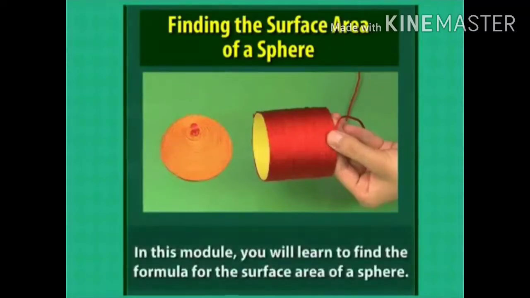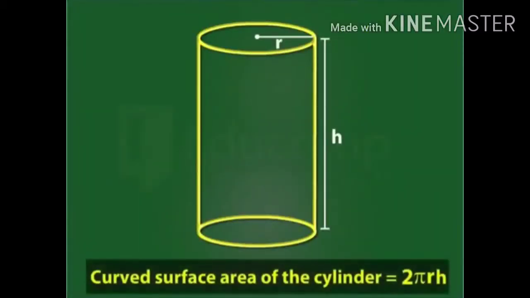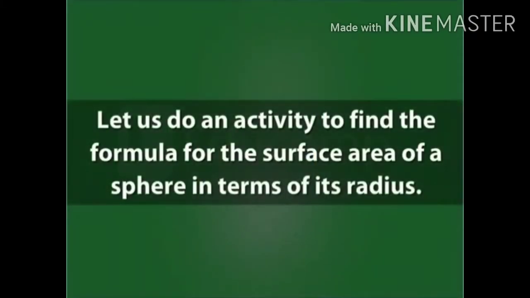Finding the surface area of a sphere. In this module, you will learn to find the formula for the surface area of a sphere. Recall that the curved surface area of a cylinder is the product of the circumference of its circular base and its height. We'll use this in an activity to find the formula for the surface area of a sphere in terms of its radius.